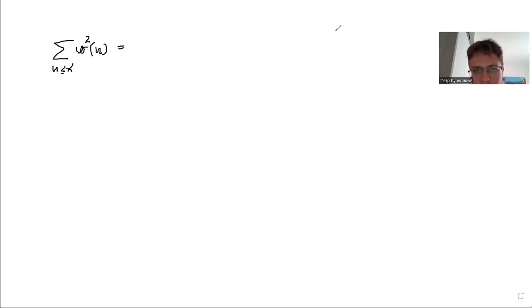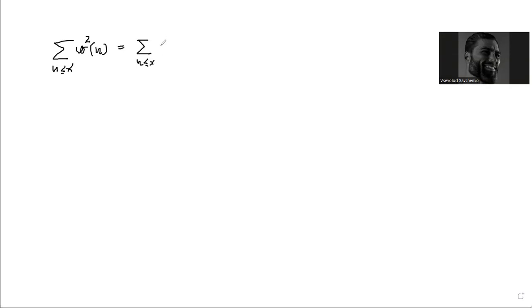Maybe someone can start to write what should be next. Let's just do the same as in the previous case. This is a sum over n, but then let's add the square to the inner sum.